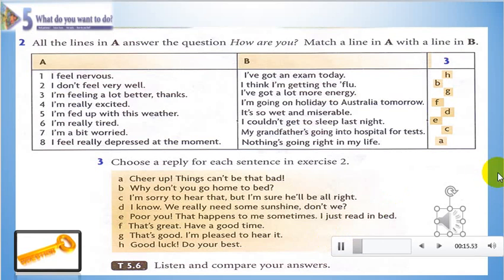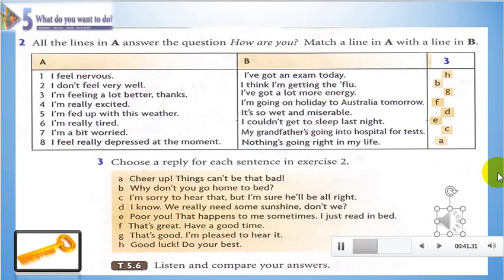I think I'm getting the flu. Why don't you go home to bed? 3. I'm feeling a lot better, thanks. I've got a lot more energy. That's good. I'm pleased to hear it. 4. I'm really excited. I'm going on holiday to Australia tomorrow. That's great. Have a good time.